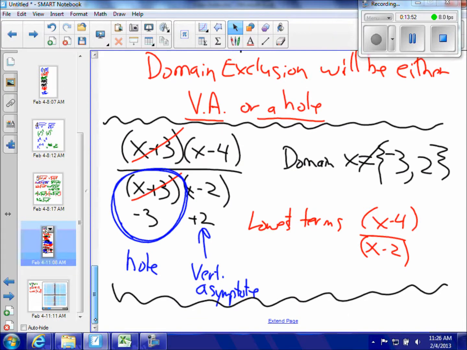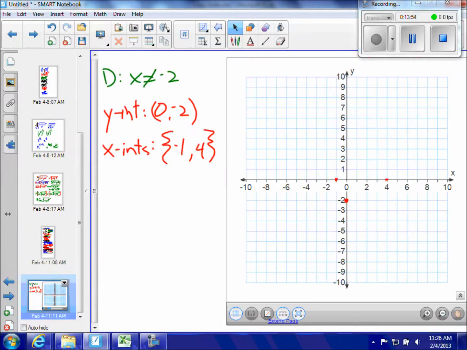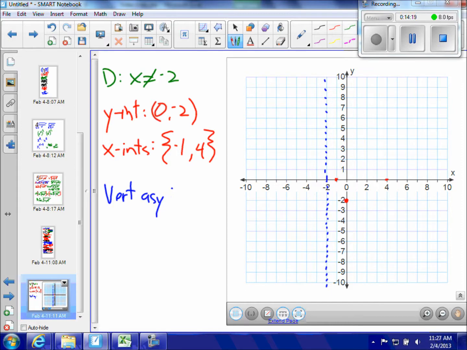I'm going to draw this in as a dotted line, a vertical asymptote. And this is what you are going to do on your quiz. So I can put that vertical asymptote x equals -2.